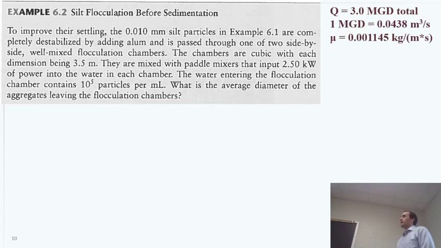Essentially, it's another problem where you're tasked to solve a mass balance, but in this case there is the added tricky dimension of how to correlate the final particles to the initial particles in terms of volume to solve for the final particle diameter.